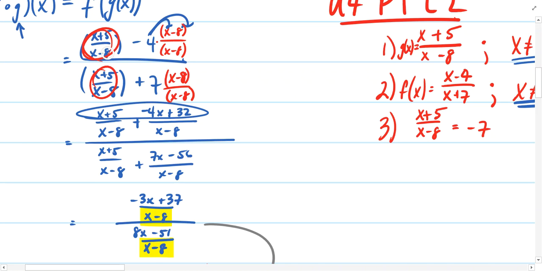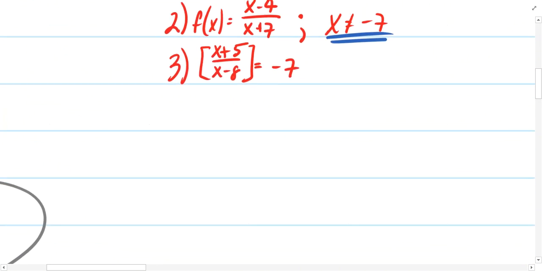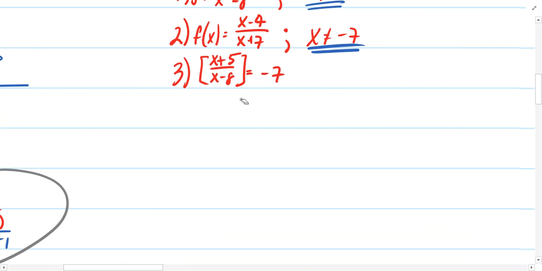And if the result from this calculation ever equaled negative 7, it would end up creating a negative 7 plus 7 and another 0 in the denominator. So we want to avoid this situation at all cost, and so we identify this as a restriction to our domain as well. I'm going to use regular old algebra to solve this.